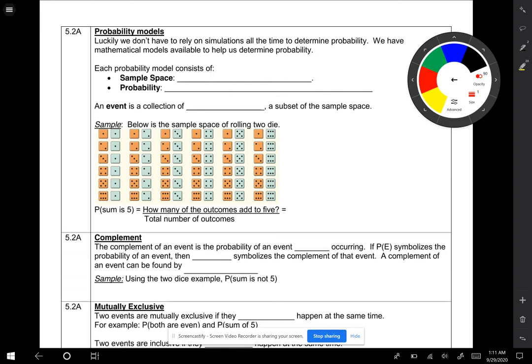Probability models. Luckily, we don't have to rely on simulations all the time to determine probability. We have mathematical models available to help us determine probability. Each probability model consists of the sample space, which is the list of all the possible outcomes.